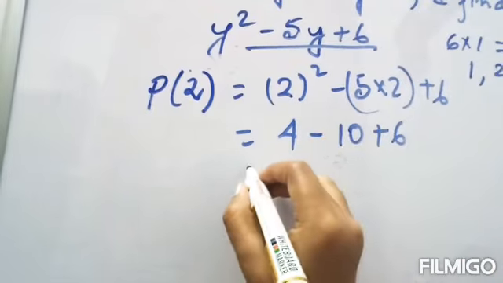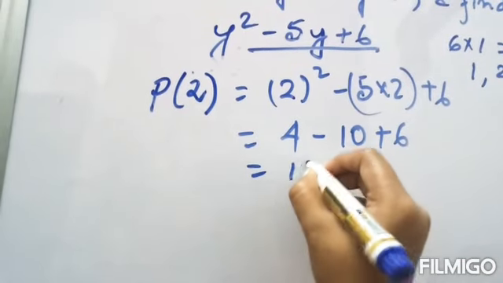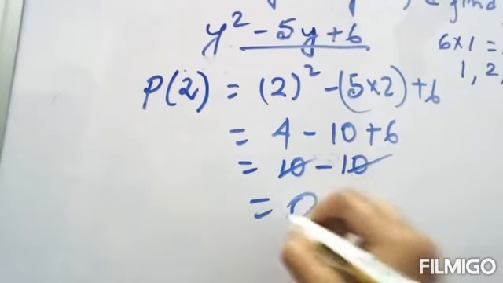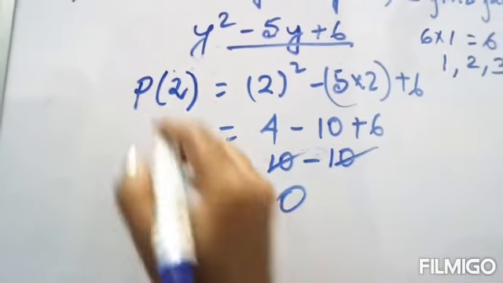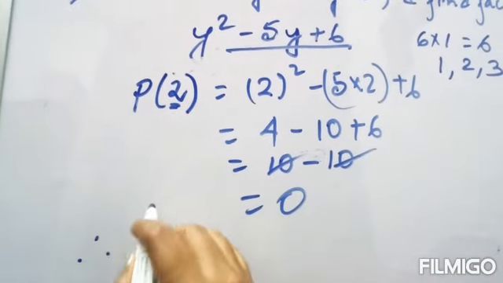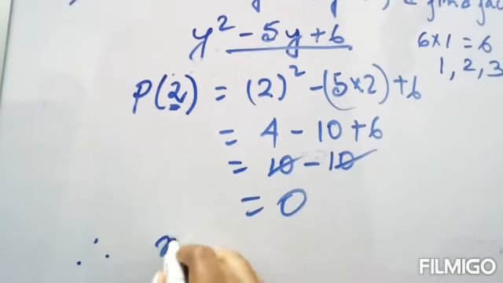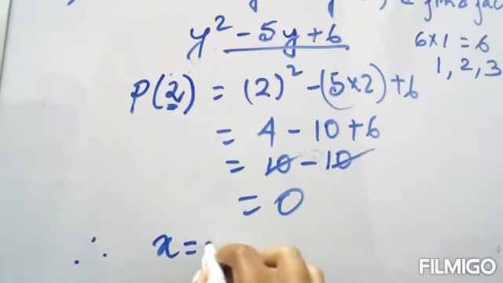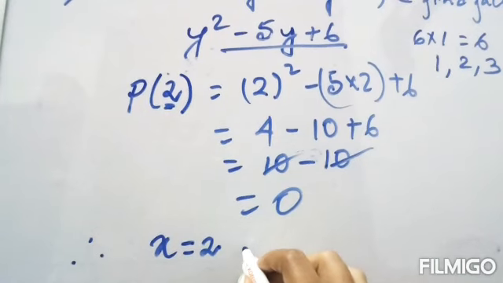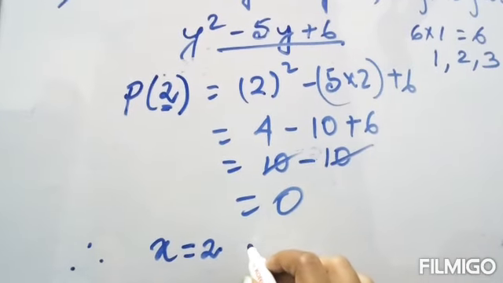Now 6 plus 4 is 10. 10 minus 10 comes as 0. So 2 is a factor. Therefore 2 is a zero. That means x is equal to 2.